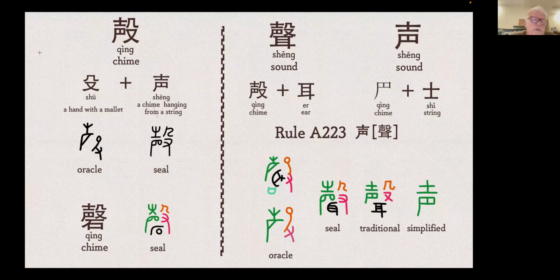So you see here that originally I want to teach you the component qing that you see at the top. It's not a common character, but it can represent two things. It can either represent the chime or it can represent the sound. So when it represents the chime, they added a rock on the bottom, which is just another way of writing chime.